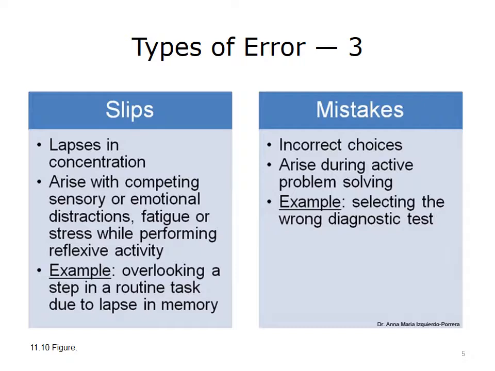An example of a slip is when we overlook a step in a routine task due to a memory lapse. Have you ever turned the dishwasher on before putting in the soap tablet? Mistakes, on the other hand, are incorrect choices that arise during active problem solving. An example of a mistake is selecting the wrong diagnostic test.